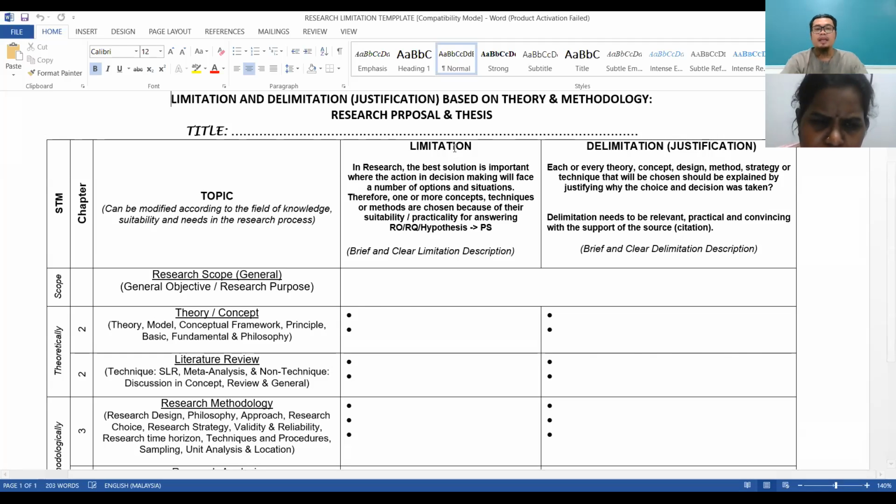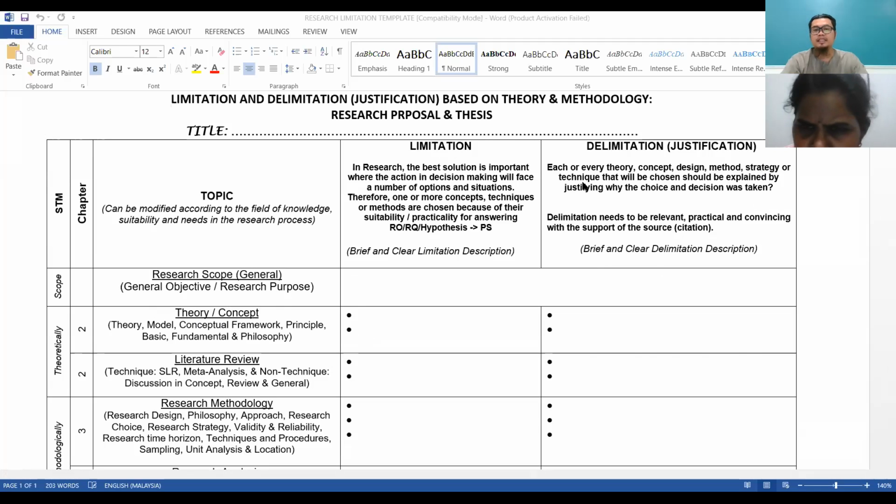So in your limitation, we have many types of aspects. You need to make it clear that this part of the limitation is theory, literature review, research methodology, or analysis.